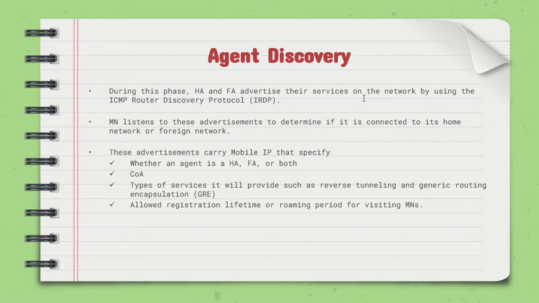These advertisements carry mobile IP that specify whether an agent is a home agent, foreign agent, or both, care-of address, types of services it will provide such as reverse tunneling and Generic Routing Encapsulation, GRE, and lastly, allowed registration lifetime or roaming period for visiting mobile nodes.